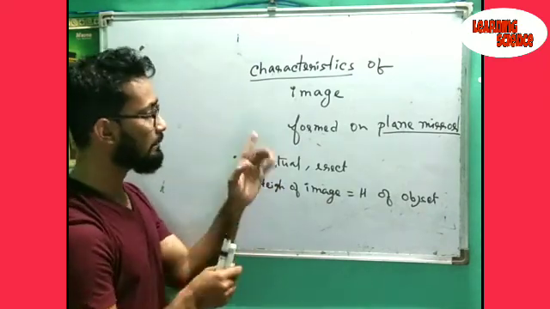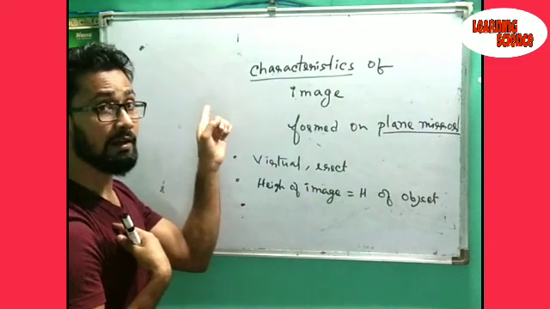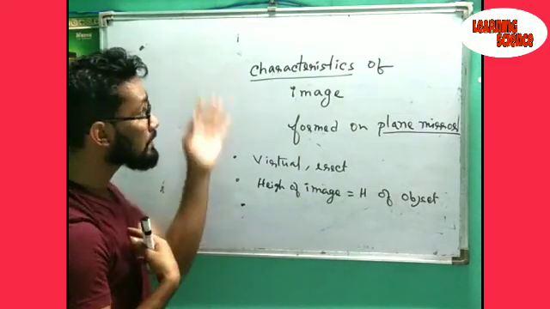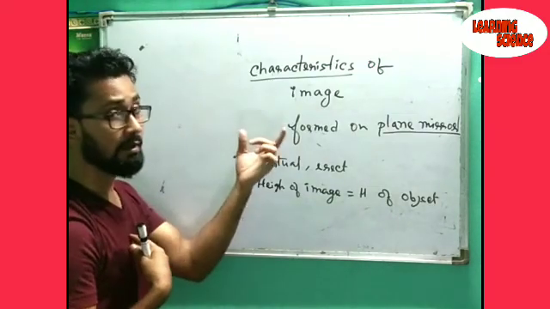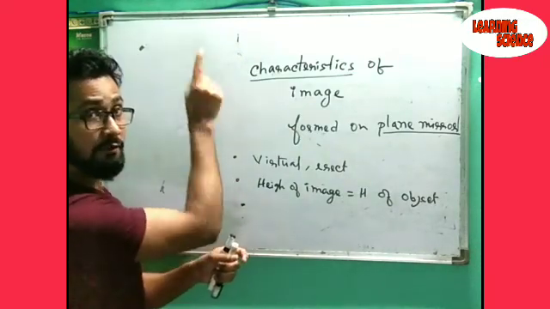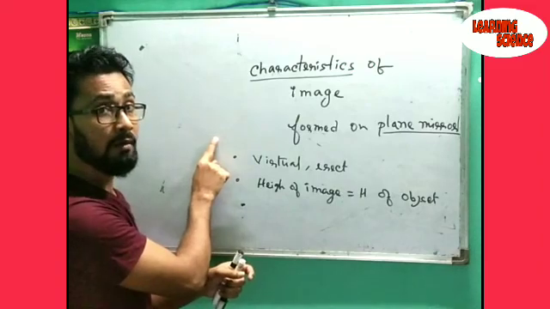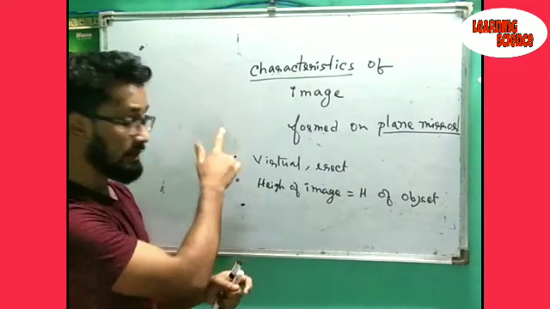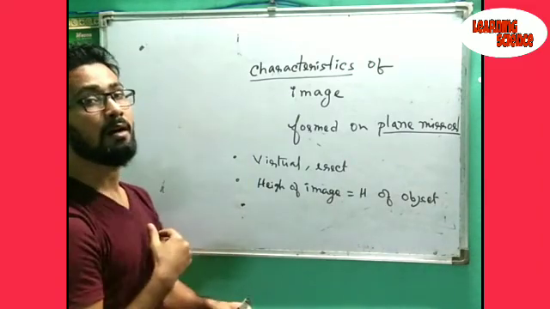That means there is a relation between the object, the image and the plane mirror. So the relation is: distance of image from the mirror is equal to the distance of object from the mirror.